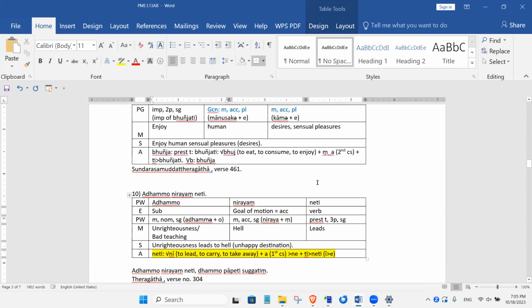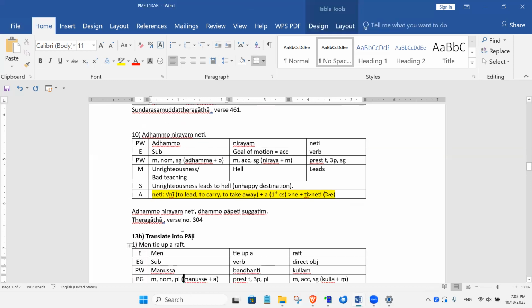Bad teaching leads somebody to the hell. Okay, so the verb is neti, all right? The root is ni. So ni plus a becomes neti. So bad teaching leads to hell. So the subject is bad teaching or adhamma.